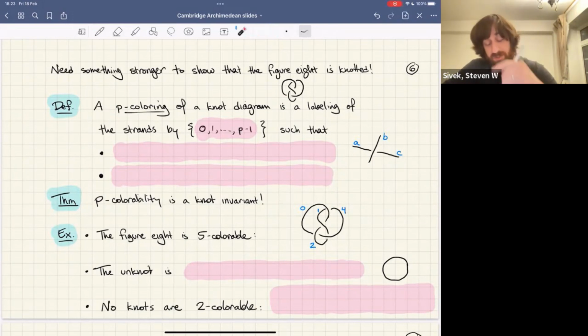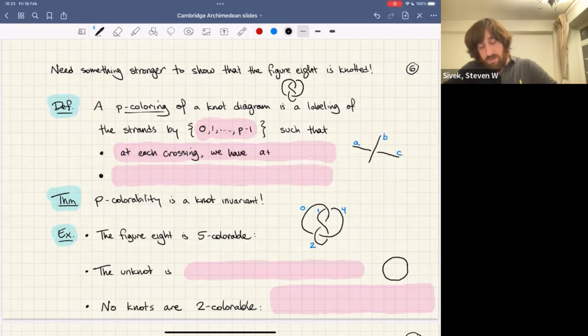And the condition is going to be a little different this time. I can't say we see all 3 colors at a crossing because there aren't 3. There are p of them, and we've only got 3 strands. But the condition I'm going to make is that if the colors of the strands here at right are whatever A, B, and C, these are some numbers between 0 and p-1, then at each crossing, we're going to impose a linear relation.